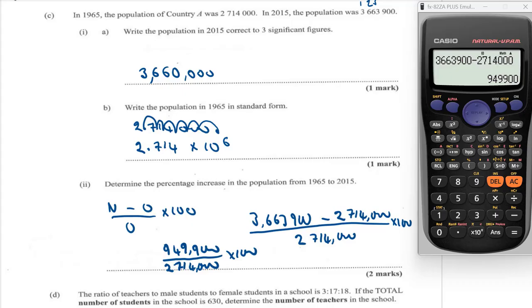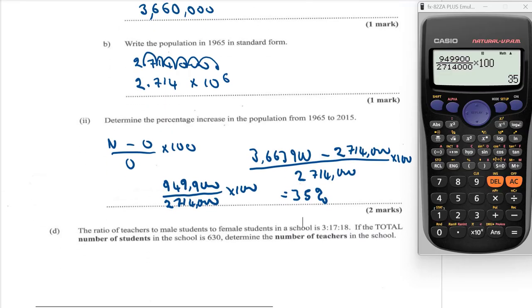So let's divide 949,900 over 2,714,000 times 100, and that gives us a 35% increase. So the percentage increase from 1965 to 2015 is 35%. Let's look at the next question.